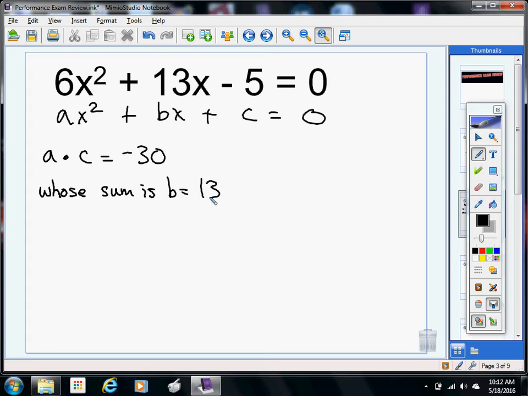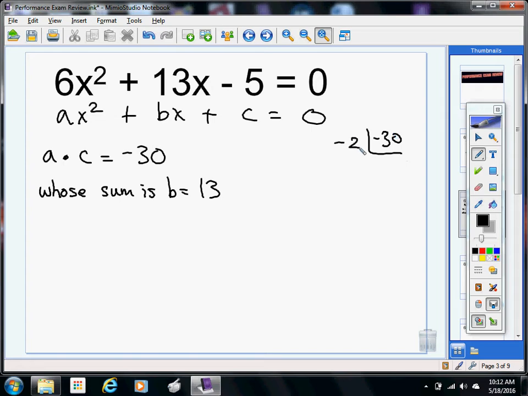Now here, guys, is where some of y'all got lost in this process. You got the feeling that these factors were going to find themselves on their own. Guys, they're not. There's a process that you have to go through when you factor of listing out the prime factorization of a number. And guys, we had a major disconnect on that. I've been trying since the first day of school to get you to understand how you find the factors of -30.